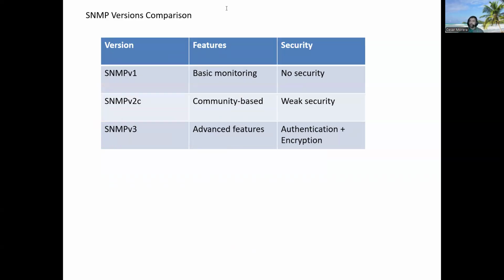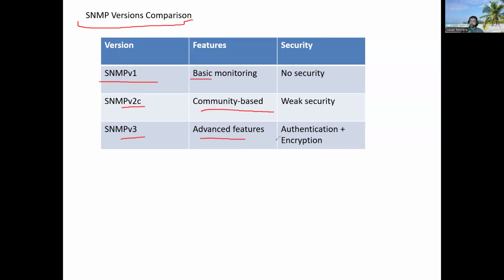Okay, final closure. Let me look for the pencil so I can share with you the SNMP version comparison. We have version 1, version 2, and version 3. Some of the features are basic monitoring, community based, and advanced features.